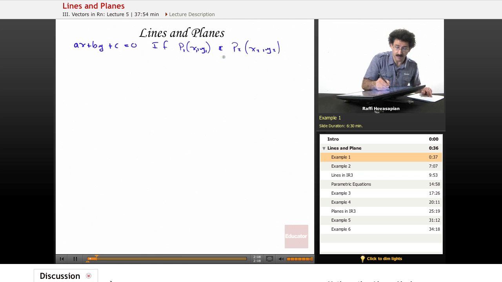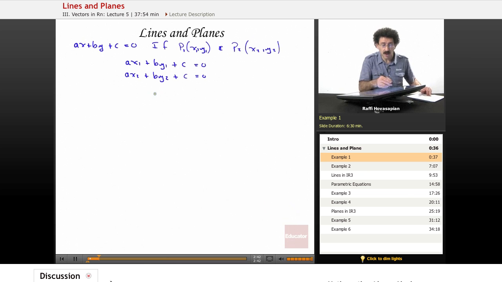You basically just put the x1, y1 in for x and y, so you get ax1 plus by1 plus c equals 0. And I have a times x2 plus b times y2 plus c equals 0. So these 2 points, if they're on that line, satisfy this relation, right?